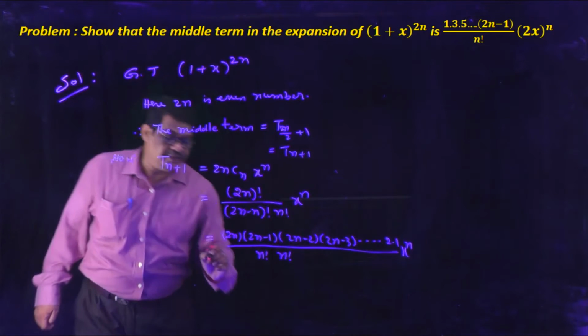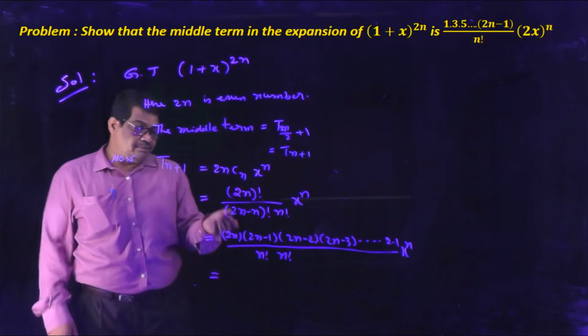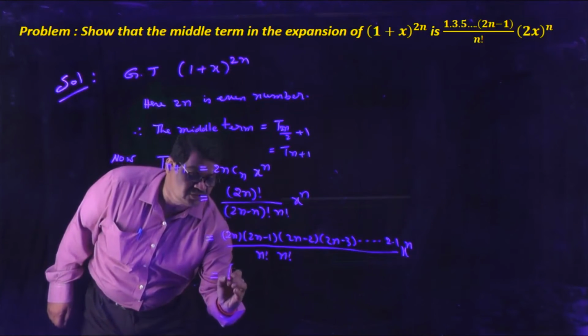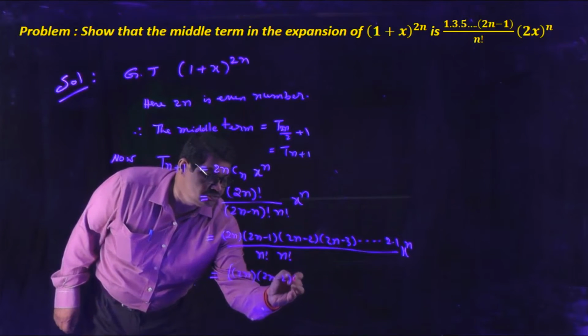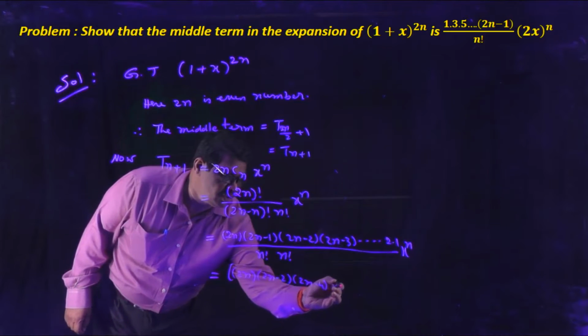Now we write the even terms first, that is 2n, 2n minus 2, 2n minus 4 and so on.